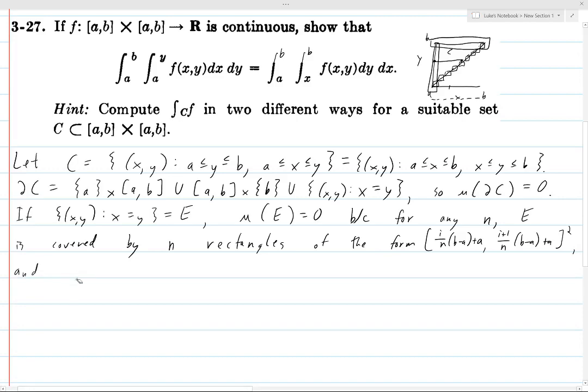And so the total volume of these rectangles is, well, there's n of them. And if we take the volume of any particular one of these, the difference is just b minus a over n.